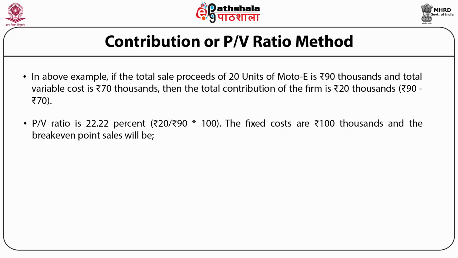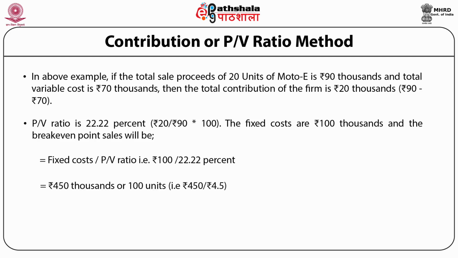The fixed cost is 100,000 and the break-even point sale will be equal to fixed cost divided by PV ratio, that means 1 lakh divided by 22%, that is equal to rupees 4 lakh 50,000. Or if we divide this by the selling price, we can convert it into units, then this is equal to 100 units. So these are the different methods that we can use to find out the break-even point.